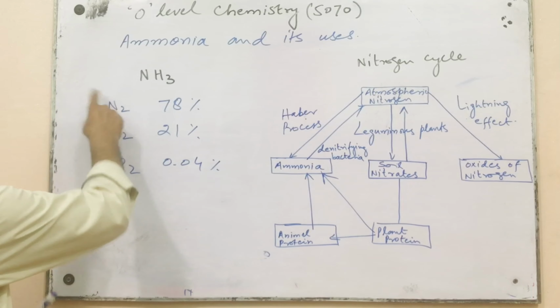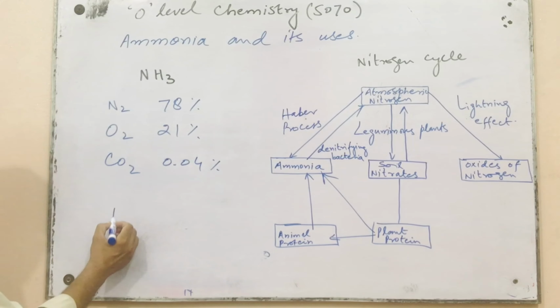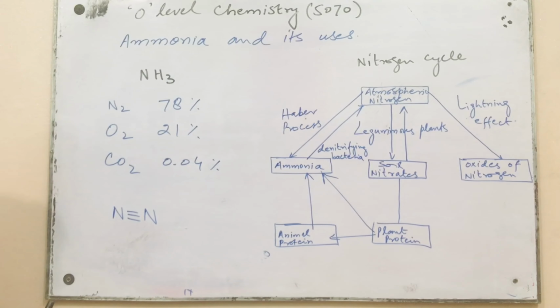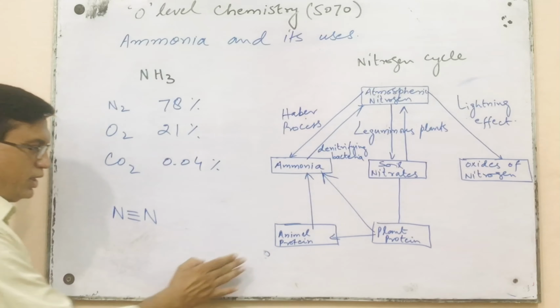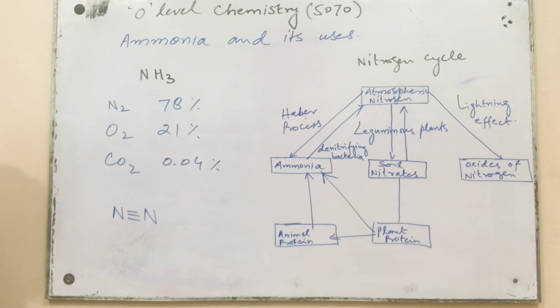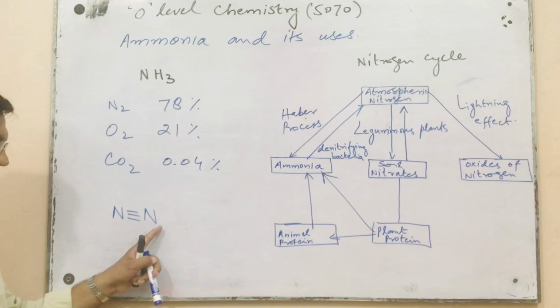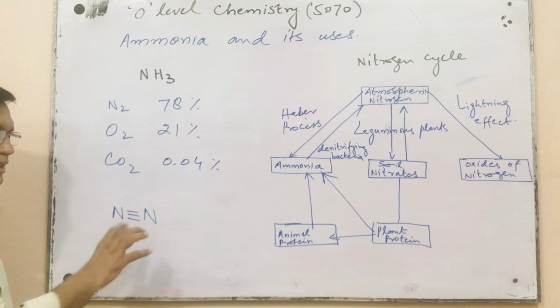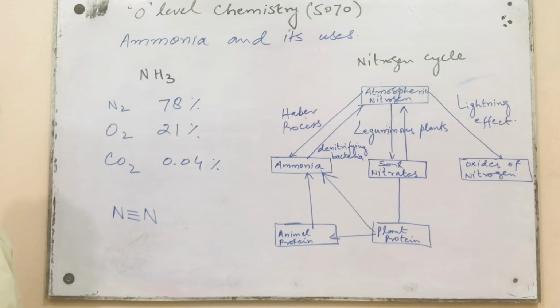Due to the presence of a very strong triple bond in the nitrogen molecule, nitrogen gas behaves just like an inert gas. In many cases, this gas does not react at normal conditions of temperature and pressure.